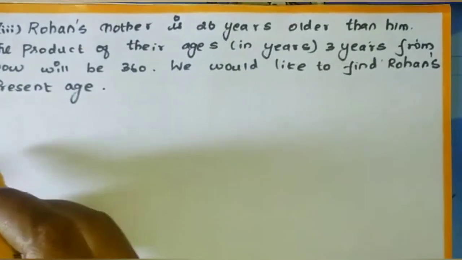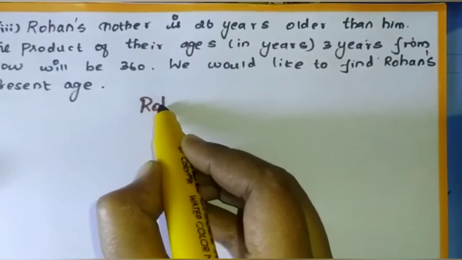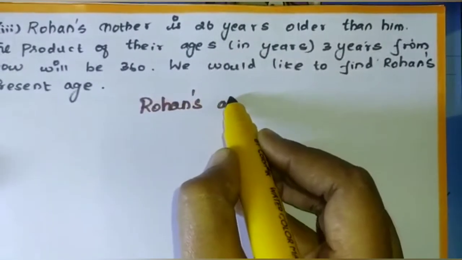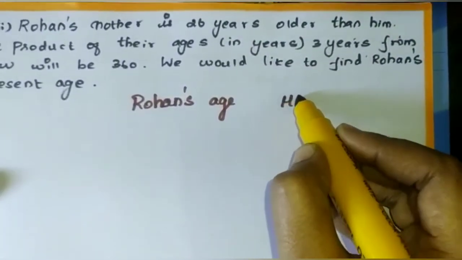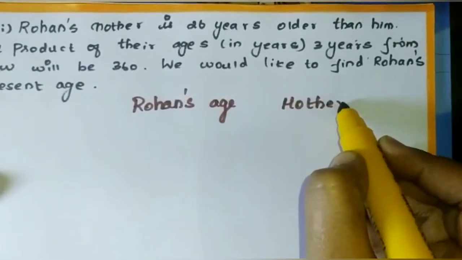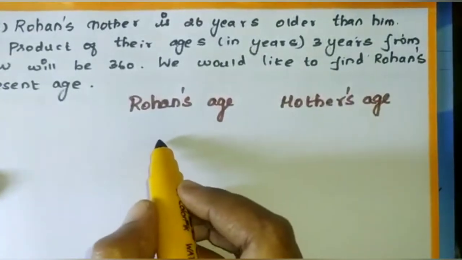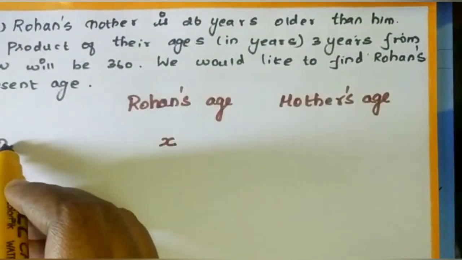Okay, so first I am going to take Rohan's age and mother's age. Rohan's age I am going to take as x, that is present age.